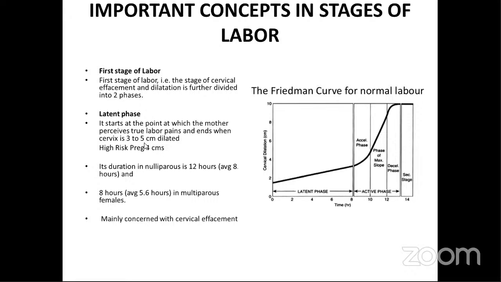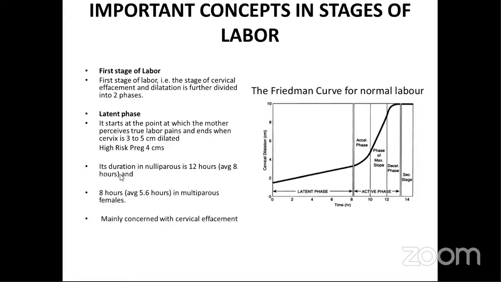So 3 to 5 centimeters is what you can remember. Until that time, we call it the latent phase of labor. After this, when the cervix dilates beyond 3 to 5 centimeters up till 10 centimeters, it is called the active phase of labor.